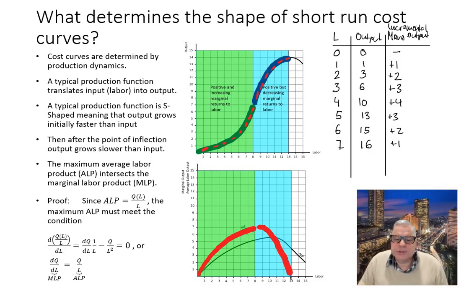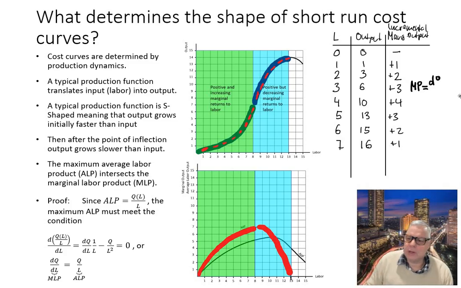Okay, so we can also take a look at the average output. The marginal output is the slope at any point, and mathematically we would say that the marginal output, or the marginal product, is the first derivative of the total output, which I call the output, with respect to the change in input.